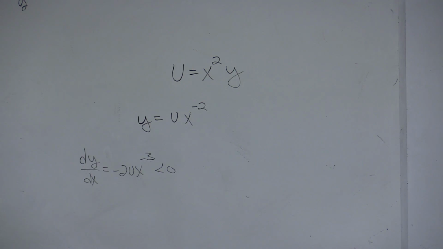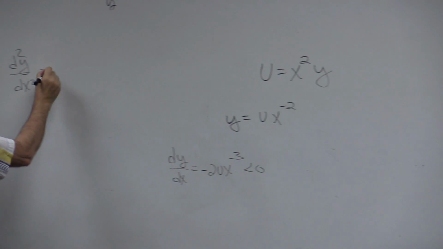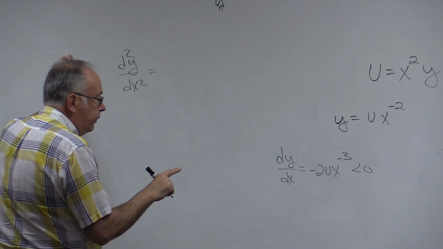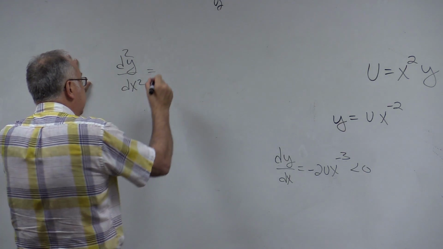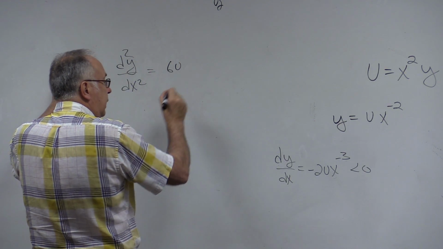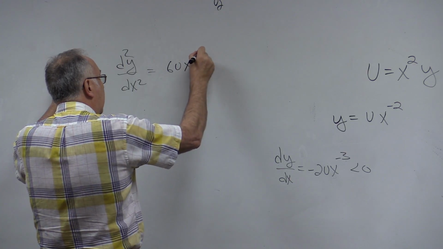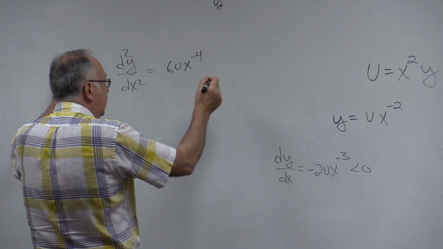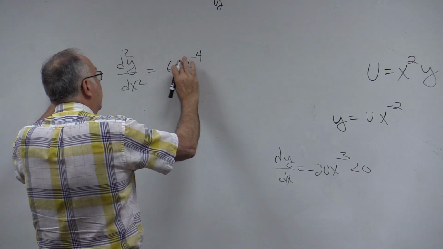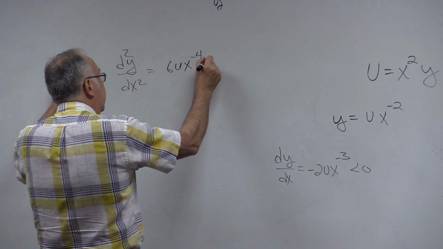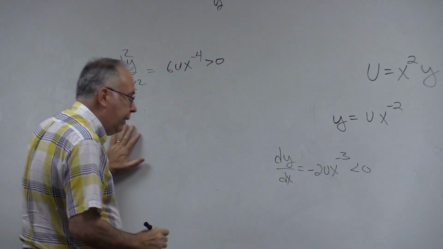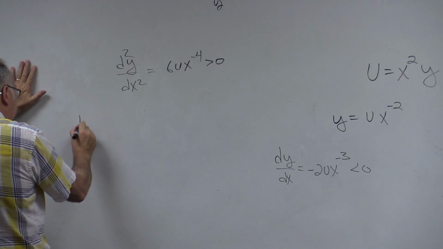And then what's the second derivative? Yes, this would probably be the easiest way to do it. The second derivative would be 6u times x to the minus 4. And that is always positive.